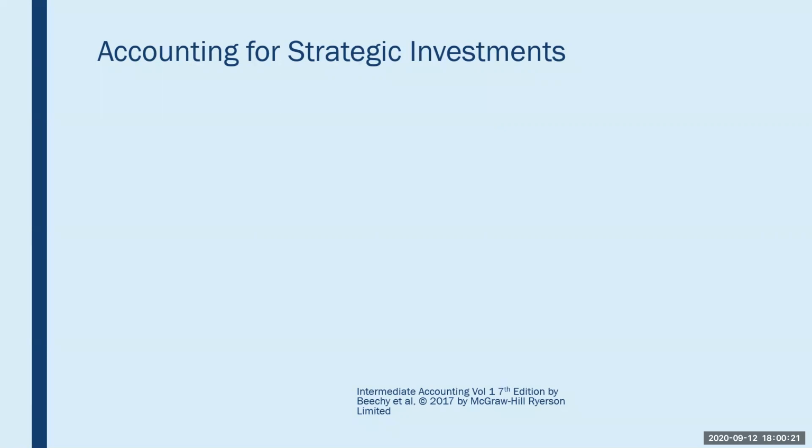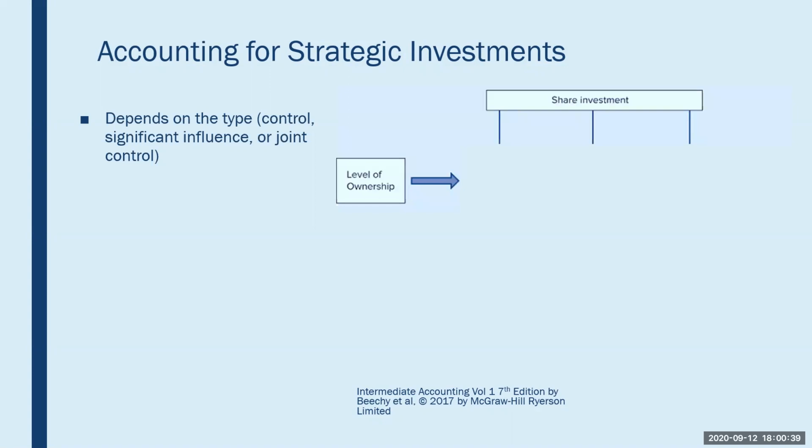The accounting for strategic investments depends on the type of that strategic investment, whether it's a control investment, a significant influence investment, or a joint control investment. And essentially what we'd be looking at is the share investment and the level of ownership.